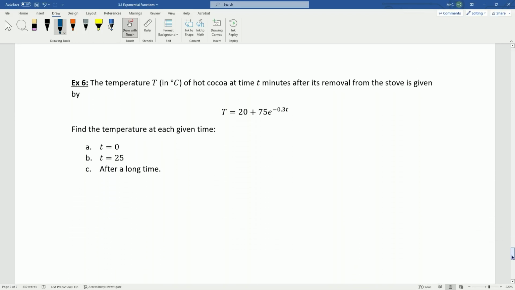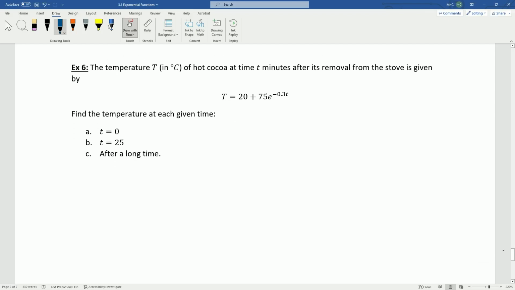All right, let's take a look at an example. The temperature T in Celsius of hot cocoa at time t, after its removal from the stove, is given by T = 20 + 75e^(-0.3t). Find the temperature at each given time. We'll start with t equal to 0.